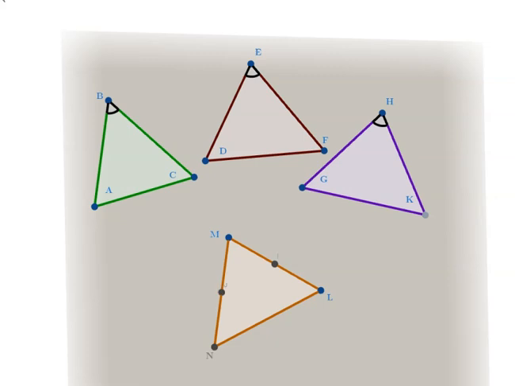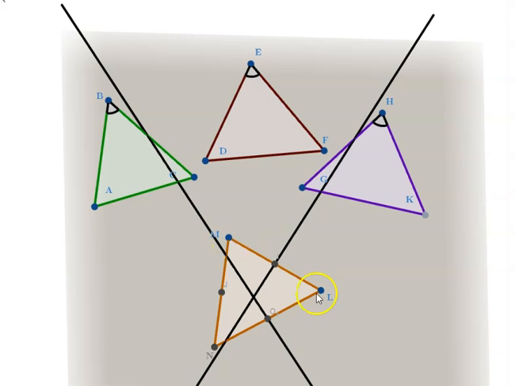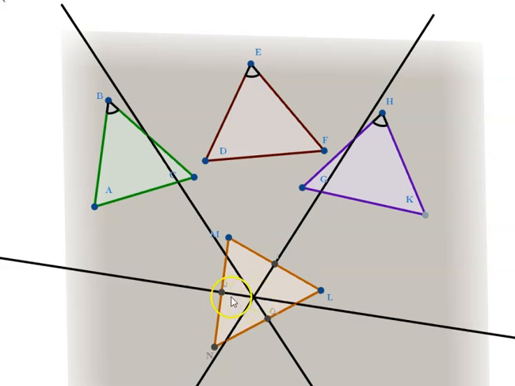Take the midpoint of these three sides, draw a perpendicular to NL from O. Similarly, a perpendicular line to ML. And actually that is enough, but just to be sure, we can draw the perpendicular to MN as well.